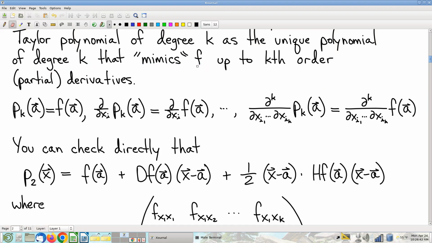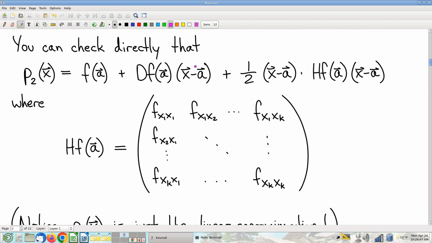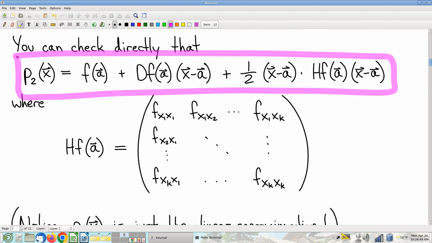So the formula for how to do this is just a formula. Here it is. I'm only going to show you the degree 2 Taylor polynomial, because this is all we'll be making any reference to. The formula does get a little bit weirder the higher up you go. So notice it looks a lot like the single variable Taylor polynomial, f of a.